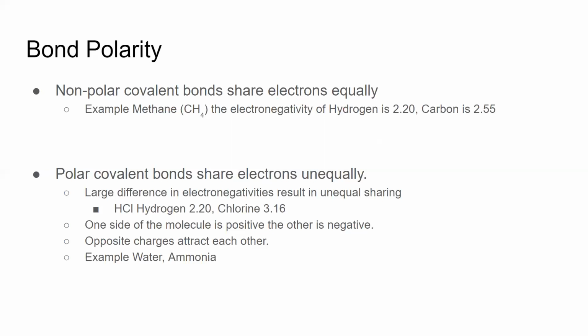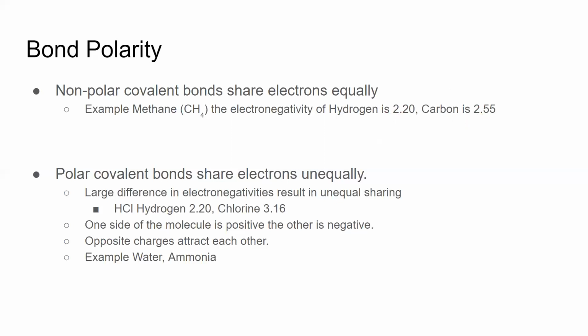And we can tell whether a bond is nonpolar covalent, polar covalent, or ionic based on the difference between the electronegativities of the atoms that are forming that bond. So in this case, we're looking at 2.2 and 2.55, a difference of 0.3.